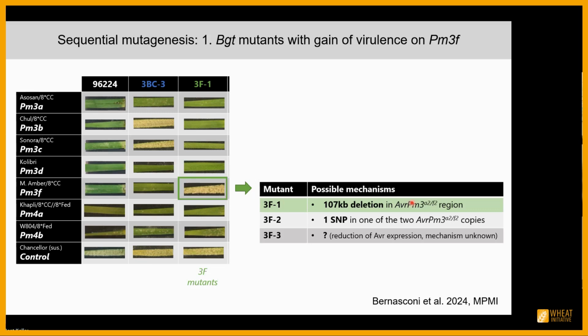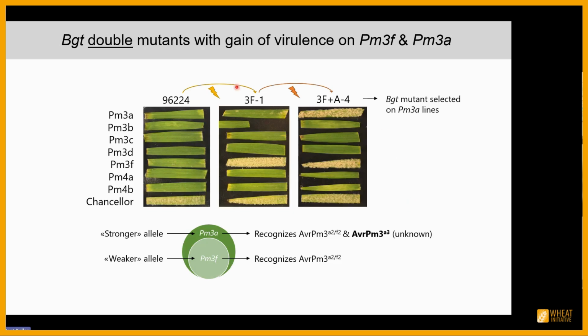And we then used this mutant for a second round of mutagenesis to identify mutants that were not only virulent on 3F, but also in addition virulent on 3A. And we actually found such mutants that would now also grow on PM3A.